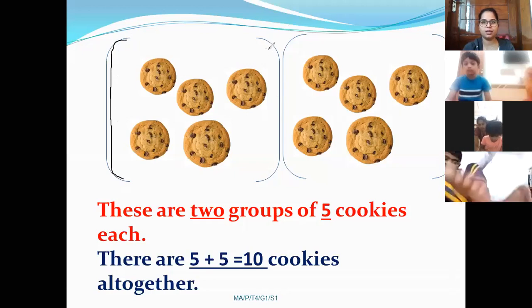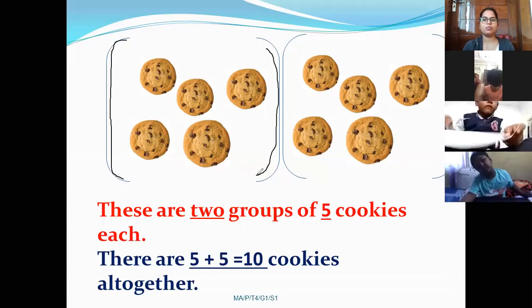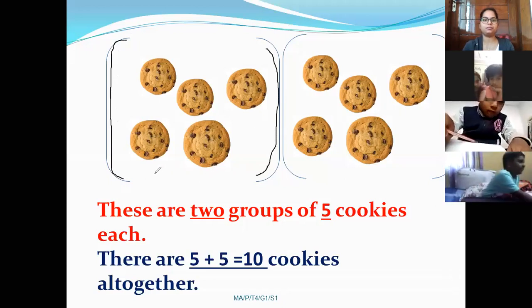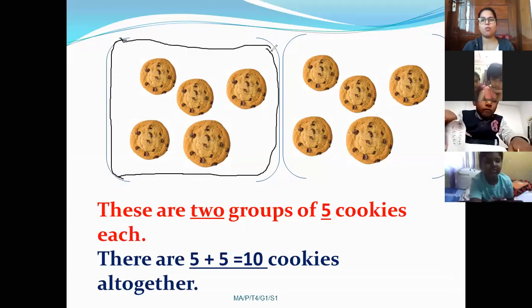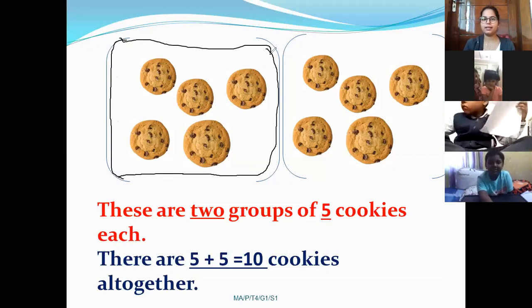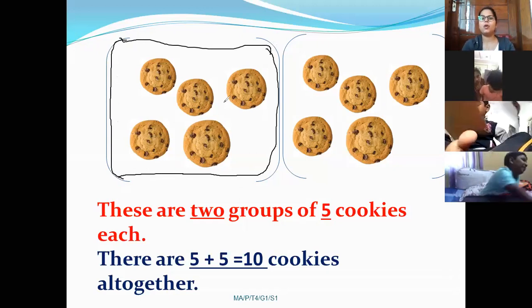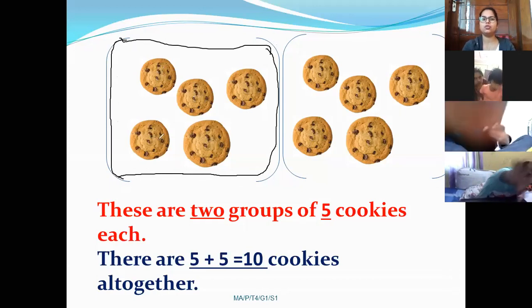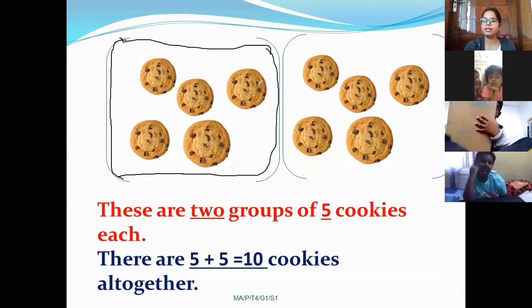This and this. So this is one group. Group means collection of something. So in one group, how many cookies are there? 1, 2, 3, 4, and 5.